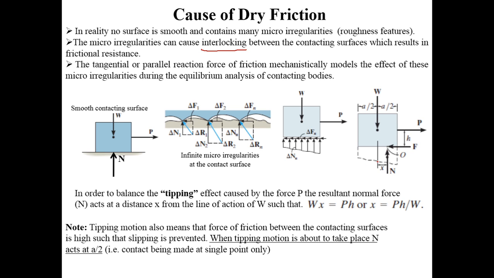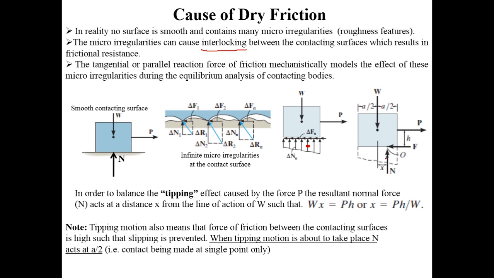And the location from where this capital N is going to pass is basically the centroid of the loading diagram. You see that this loading diagram resembles a trapezoid. It must have some kind of a centroid that can be calculated using formulas, and from this centroid the resultant N is going to pass.